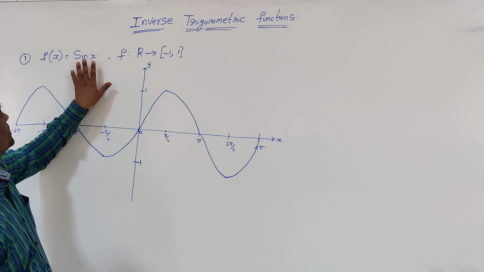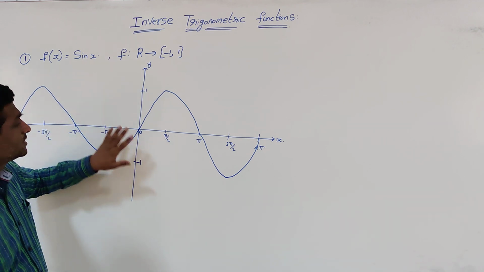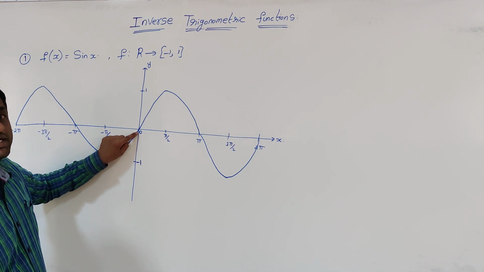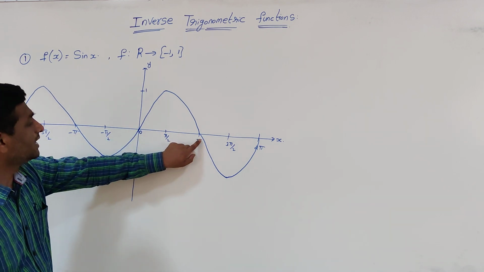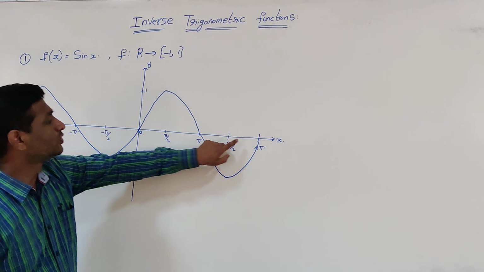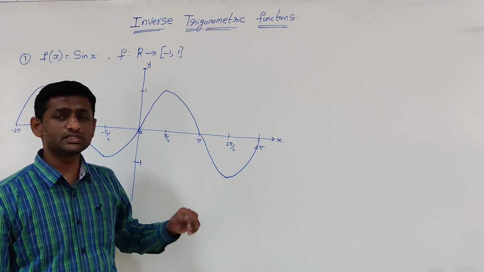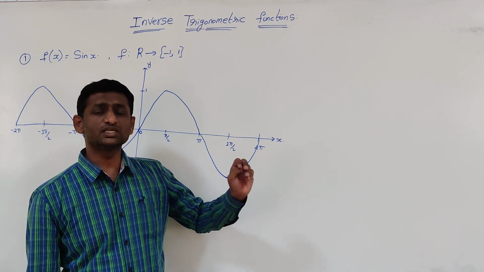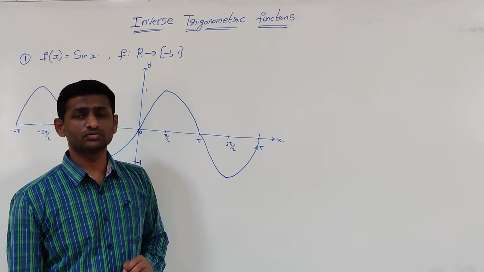Because if you consider the sin x graph, it is not a 1-1 function, because if we put 0, sin 0 is 0, pi is also 0, 2 pi is also 0, means distinct elements of the domain have the same image, that is 0.